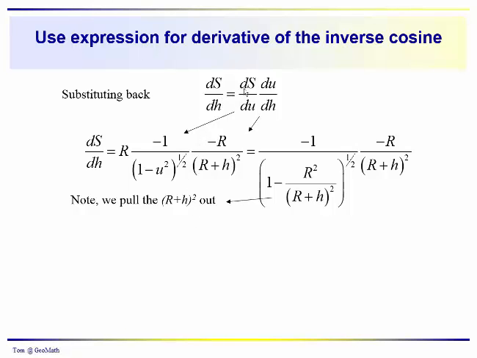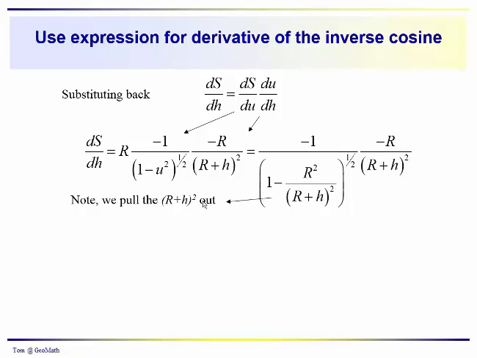So plugging in these different quantities, we have ds/du and du/dh. Our ds/du, with this constant R, is minus 1 over (1 minus u squared) to the 1/2 power. Our du/dh, we had a minus sign in here, is minus r over (r plus h) quantity squared. So substituting back in for u, we have minus 1 over (1 minus r squared over (r plus h) quantity squared) to the 1/2 power, times minus r over (r plus h) quantity squared.